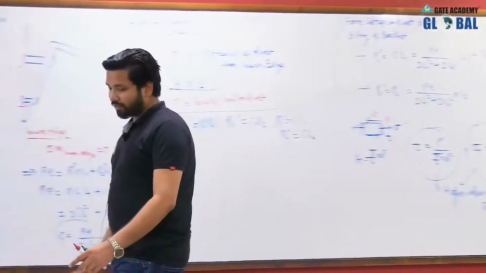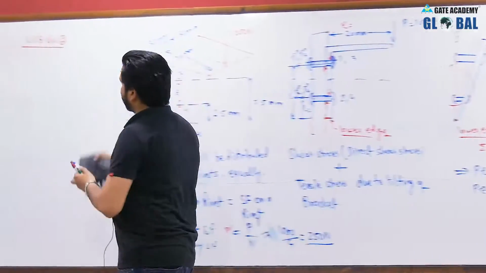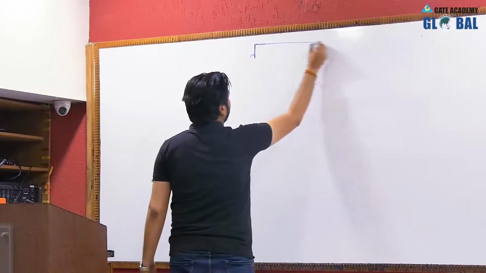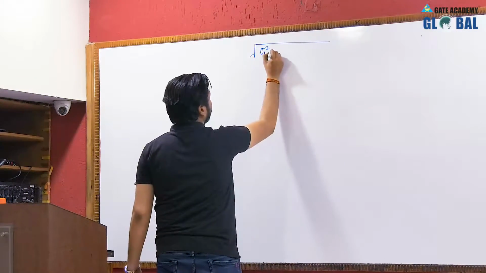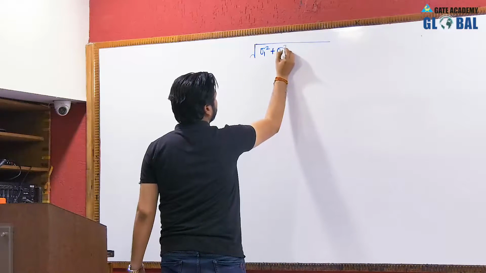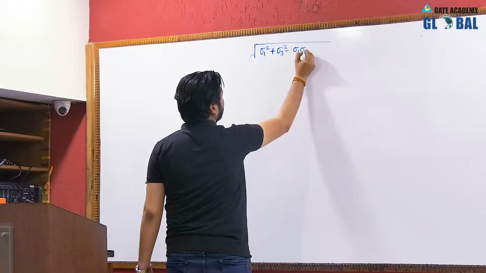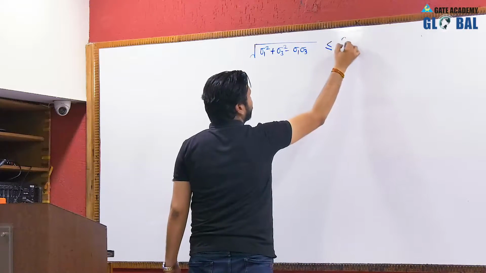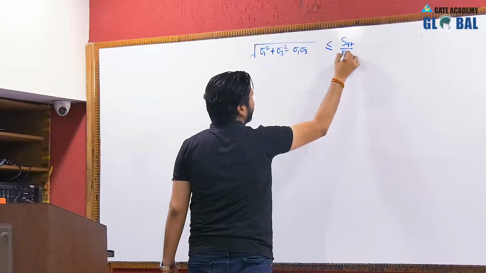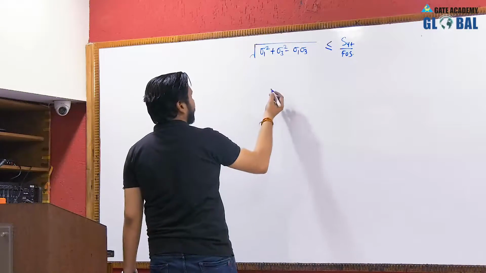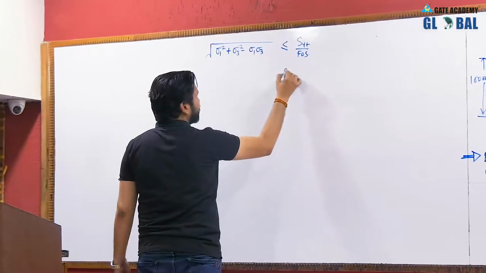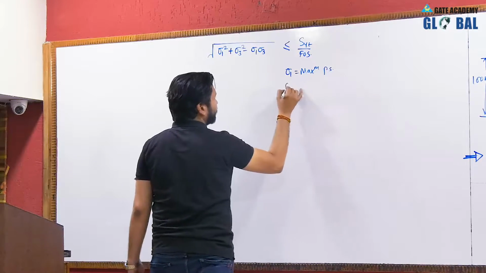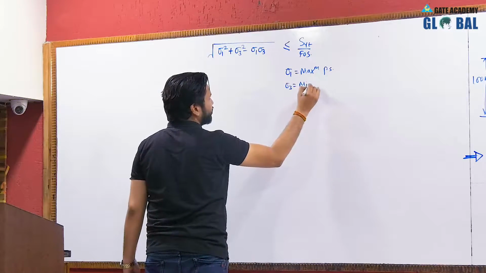And if you are using maximum distortion energy theory, this will be root over sigma 1 square plus sigma 3 square minus sigma 1 into sigma 3, should be less than or equal to SYT divided by factor of safety. Here sigma 1 is the maximum principal stress and sigma 3 is the minimum principal stress.